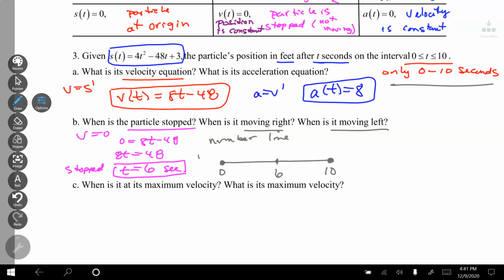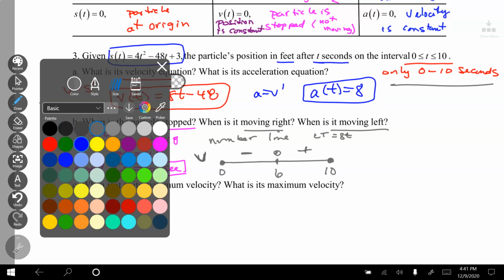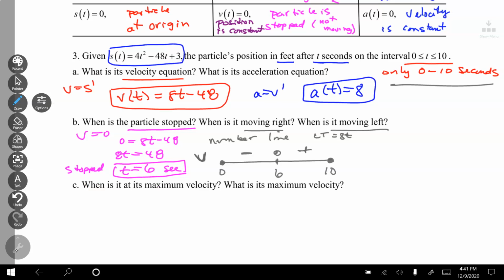Okay, this is the number line for the velocity, and right here the velocity is equal to 0, and my leading term is equal to 8t, so it goes negative, positive. Therefore, it is moving left from 0 through 6. It is moving right from 6 through 10.